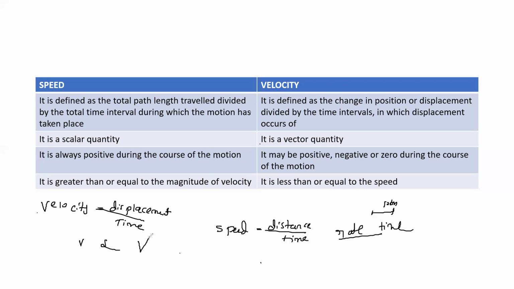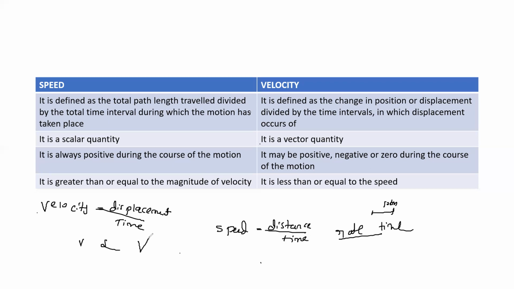Speed is always positive during the course of motion, but velocity may be positive, negative, or zero during the course of motion. So what we say is that speed is greater than or equal to the magnitude of velocity.